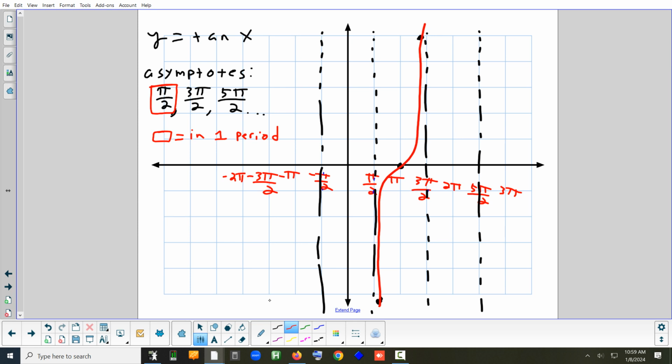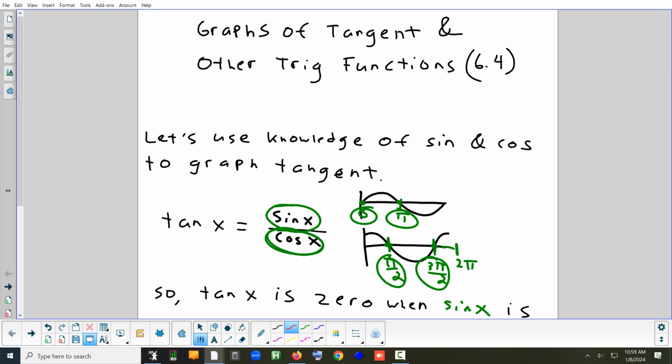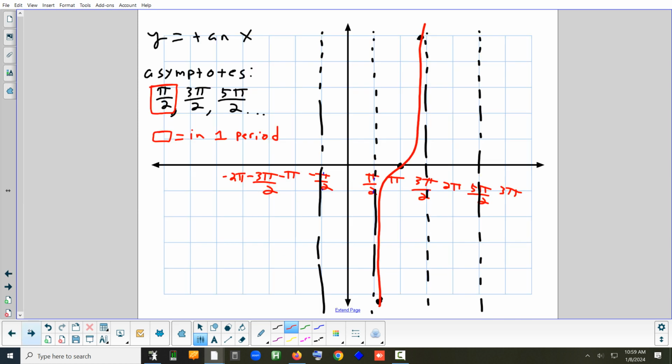Okay, and that's tangent. Now, tangent is sine over cosine. What's cotangent? Cosine over sine. So what happens with cotangent is everything flips. Okay. Wherever you had a 0 before, now you're going to have an asymptote. Wherever you had an asymptote, now you're going to have a 0.